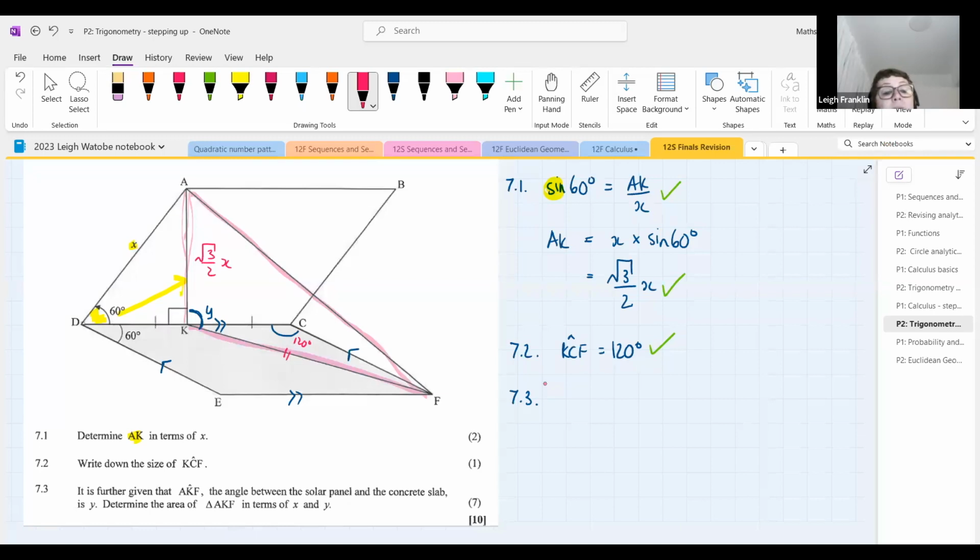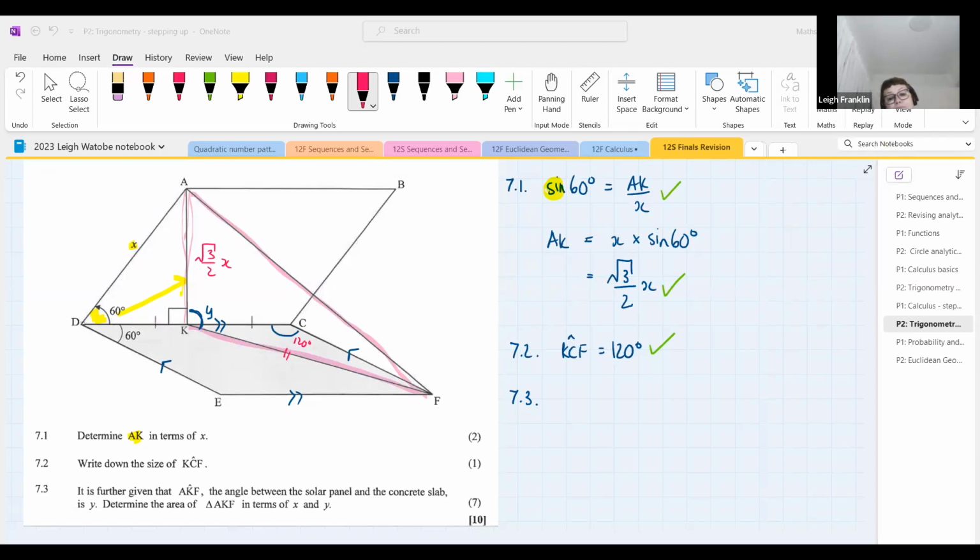Remember that EFCD is a rhombus. So if it is a rhombus, it means that all four sides are equal in length. Yes, triangle KCF is very important in this case. Hint, hint, hint.